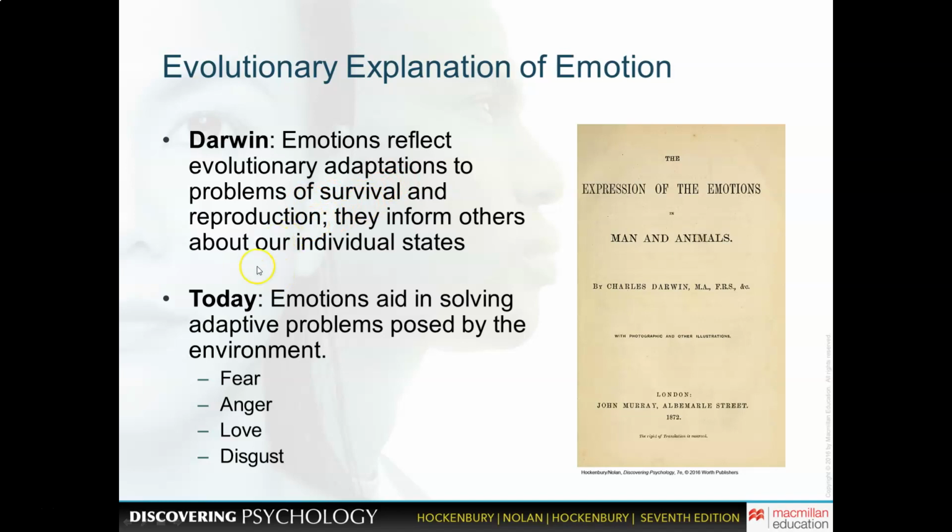Whereas today, psychologists think that emotions aid us in solving adaptive problems posed by the environment. Emotions like fear, anger, love, and disgust exist to help us deal with environmental problems that happen throughout our lives.